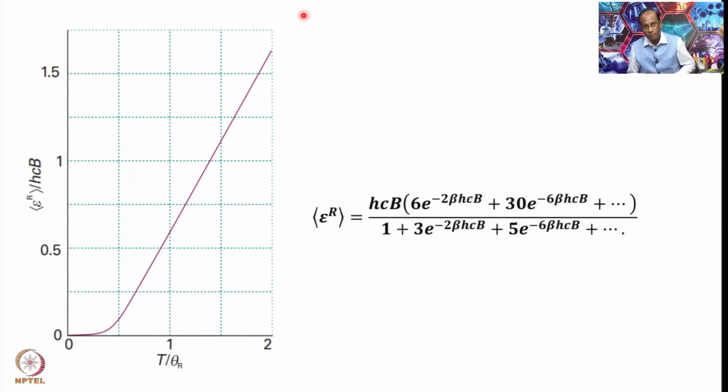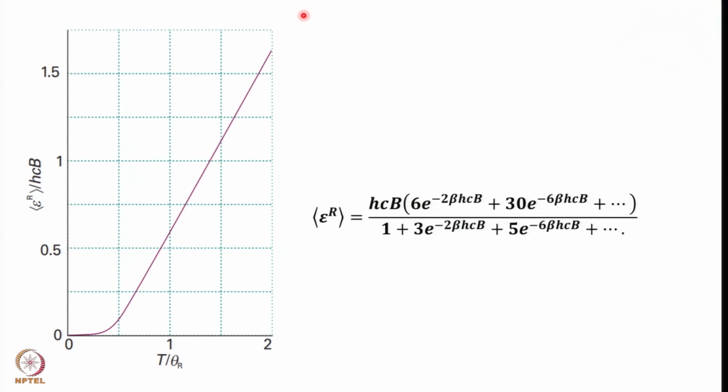So, what we have discussed so far is how to obtain mean energies from the molecular partition functions. We started with the definition of internal energy, and then eventually we reached an expression for mean energy, and we found out that in order to obtain mean energies, first of all we should be able to write an expression for the molecular partition function and then take its derivative with respect to beta at constant volume.